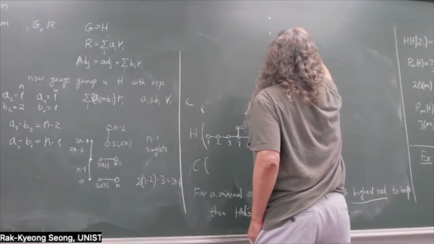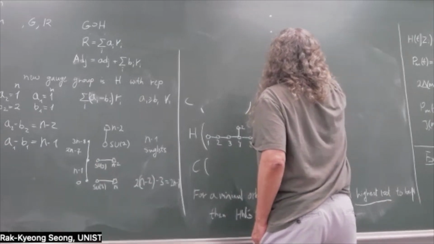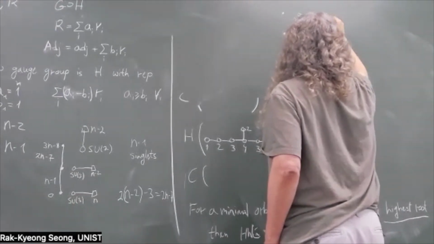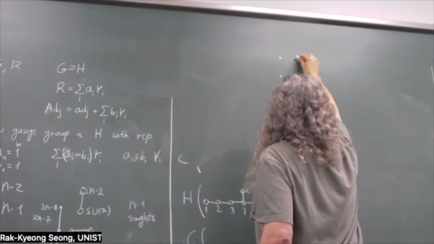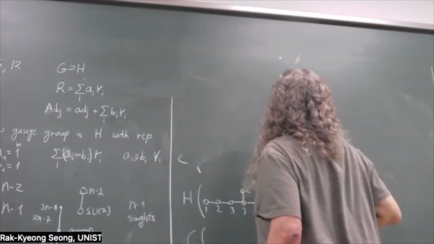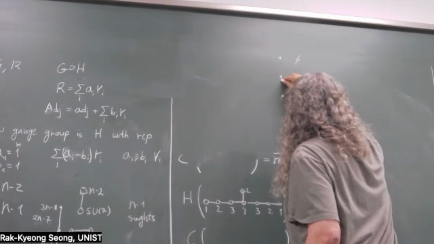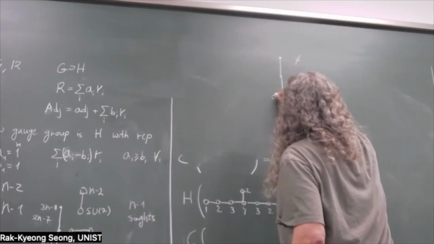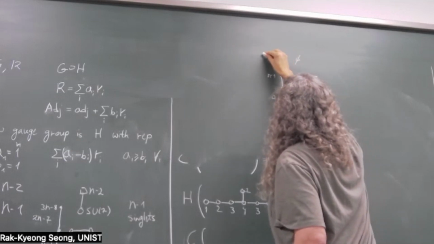On this point, SU2 is unbroken, but it has fewer flavors, n-2. And over here, the whole gauge group is broken. Let's write it like nothing. There's no gauge group. And those points have dimension. This has dimension 0. This has dimension n-1. This has dimension 3n-8.